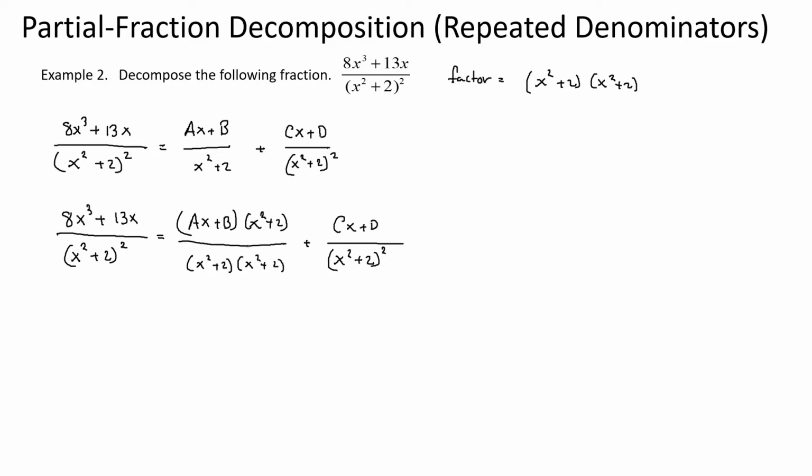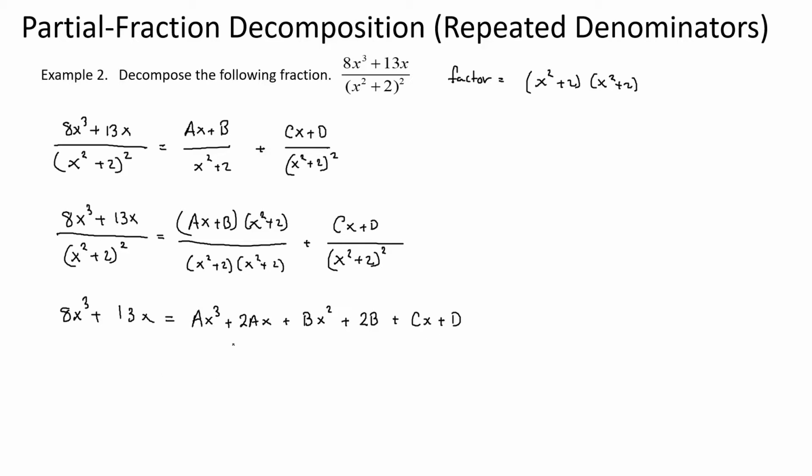Now, since the denominators are the same, we're going to look at the numerators and also try to simplify this. So 8x^3 + 13x will equal ax^3 + 2ax + bx^2 + 2b + cx + d.